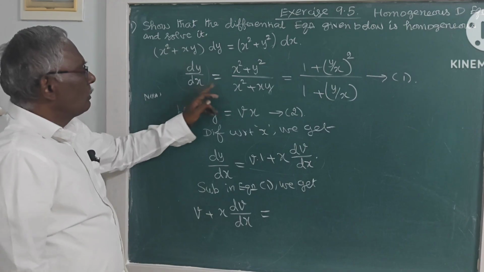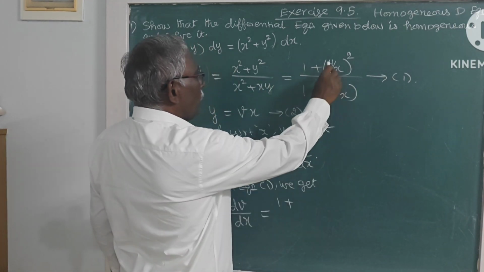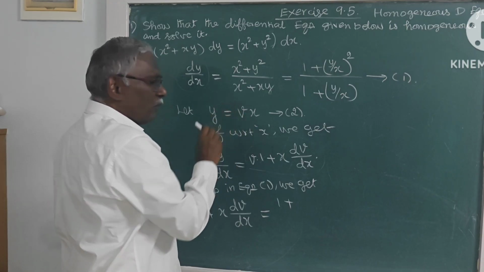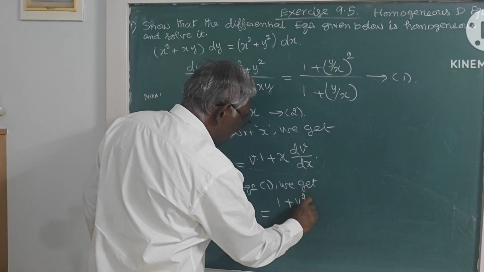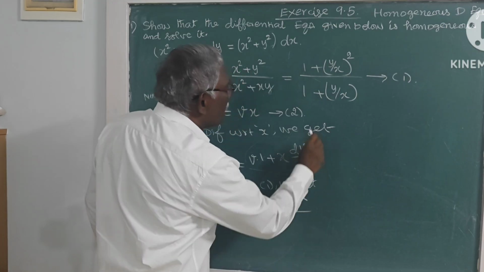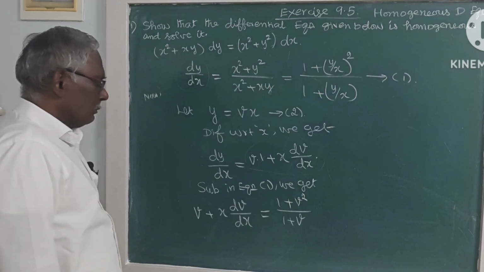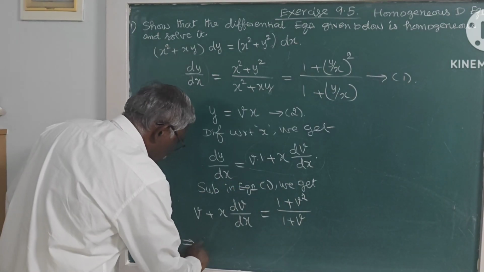So this is equal to 1 plus y by x whole square by 1 plus y by x. Y is vx, so y by x is v. So 1 plus v square by 1 plus v. You have to take v to the other side.